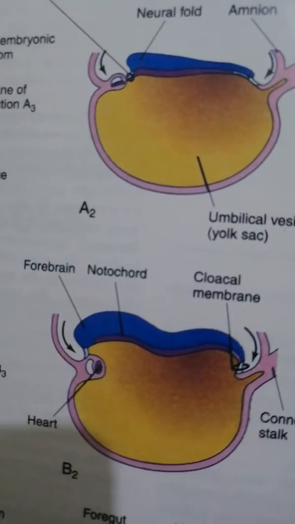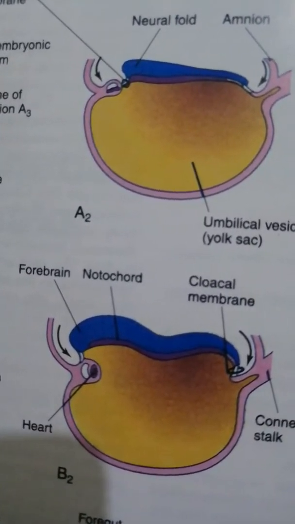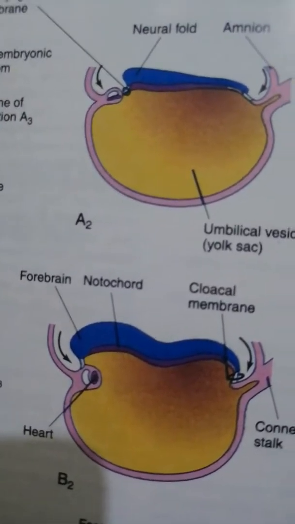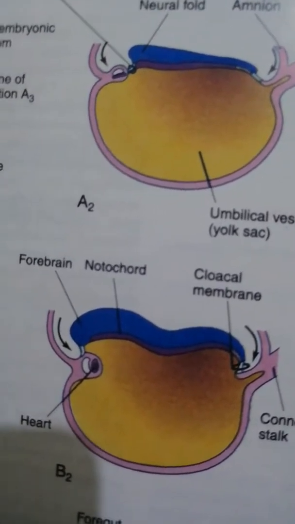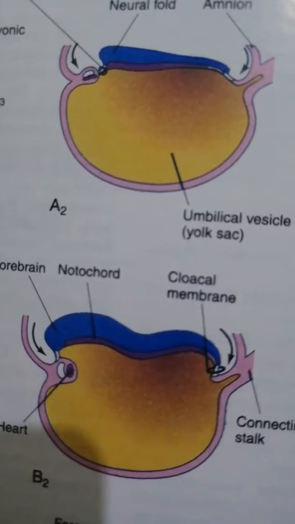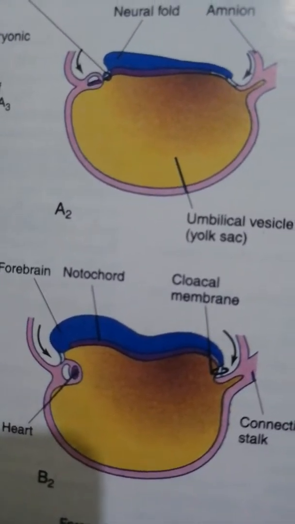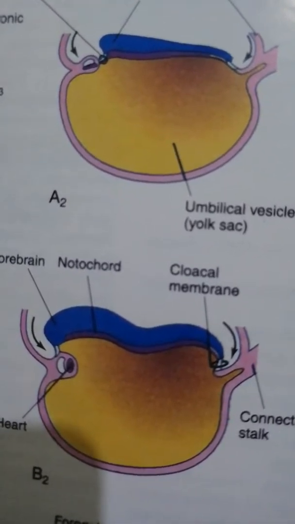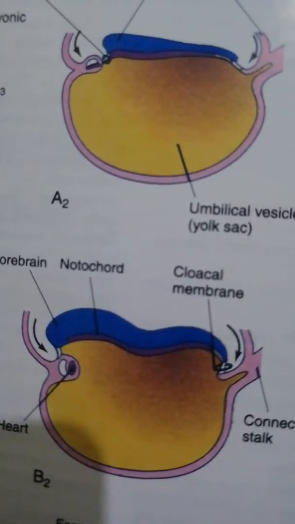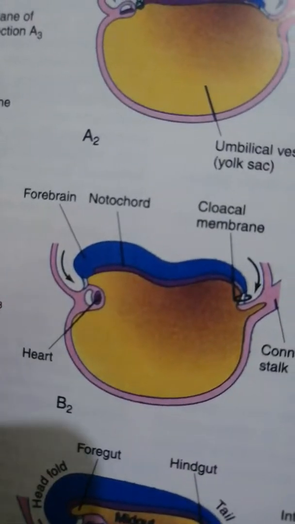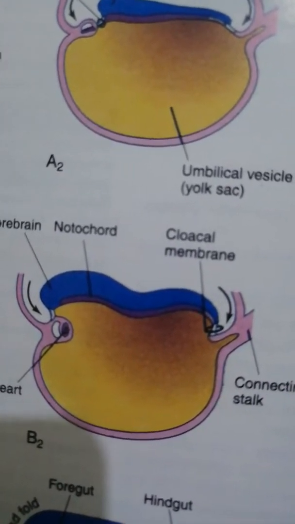So basically the neural folds at the cranial end, and because their growth will exceed that of the oropharyngeal membrane, or more accurately, because the developing brain will grow beyond the oropharyngeal membrane, it will end up overhanging the primordial heart, the pericardial coelom, and the septum transversum.